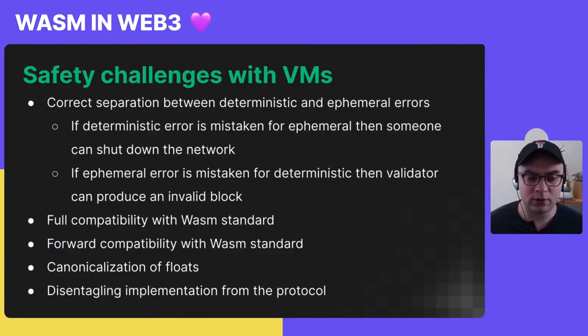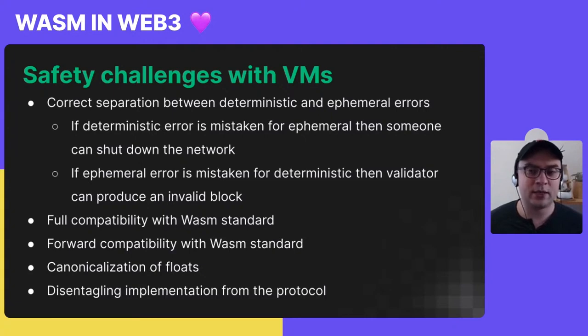Then you also want to canonicalize the floats. This is something that we do for all our contracts. Initially, we decided to just sanitize our contracts and prohibit deploying contracts on the Near blockchain that use floats. But we very quickly found out that this leads to a very bad developer experience, because Rust developers just want to import libraries when they develop smart contracts.